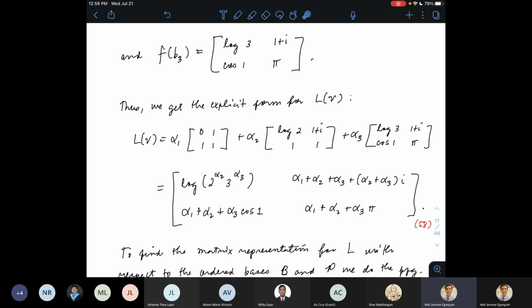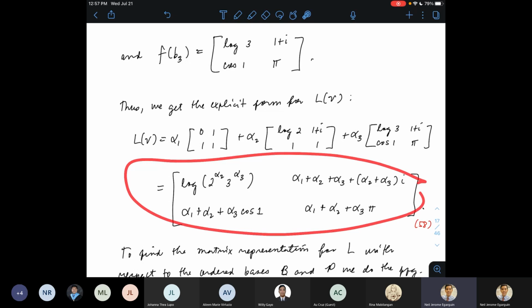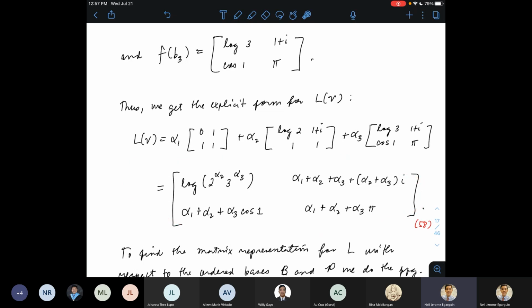Okay? So log of 2 to the alpha 2, 3 to the alpha 3, and so on. So equation 58 tells us how to get the function value of an arbitrary vector. But that representation depends on the coordinates alpha 1, alpha 2, and alpha 3. Okay? So this is the definition of L.